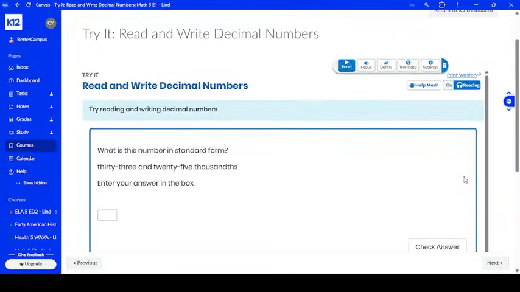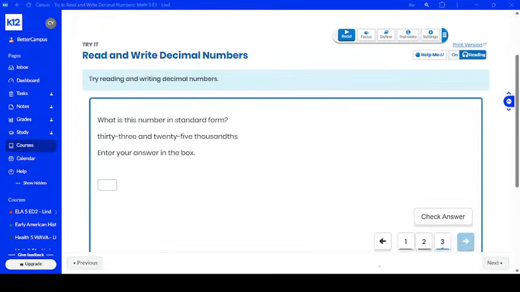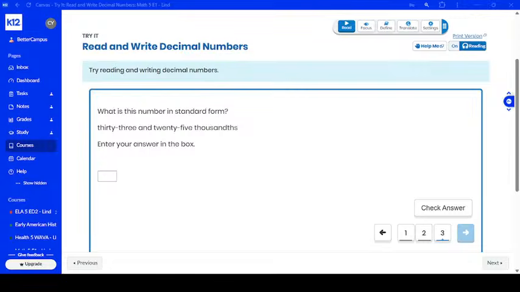What is this number in standard form? 33 and 25 thousandths. Enter your answer in the box. Tell me the answer in the live chat. You have 10 seconds to answer.